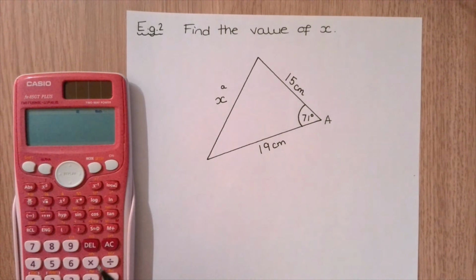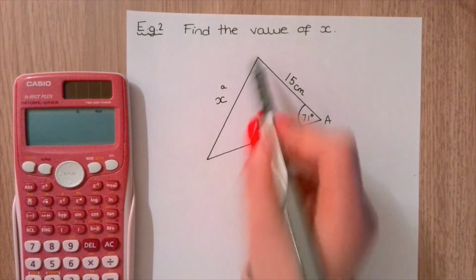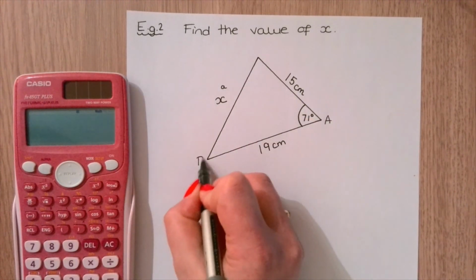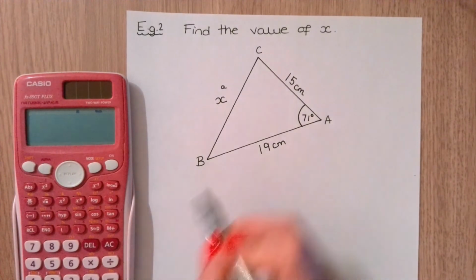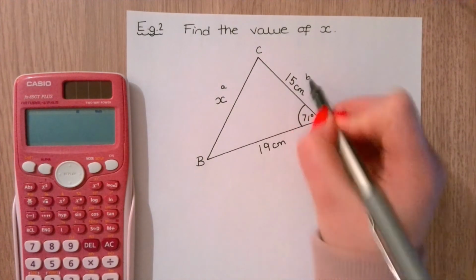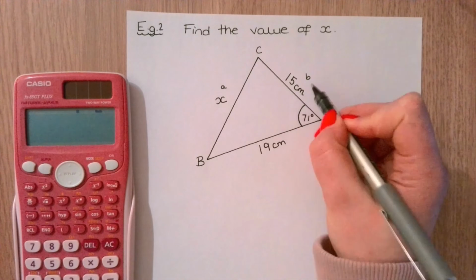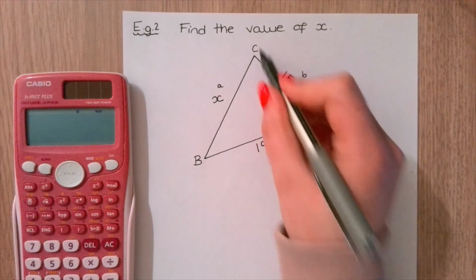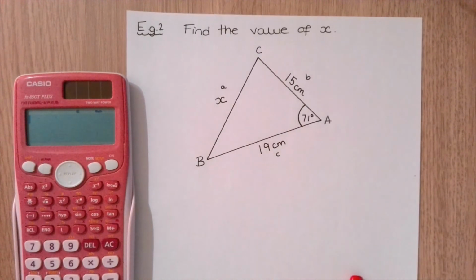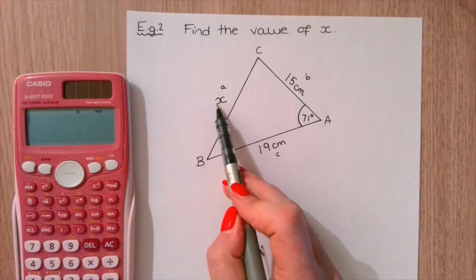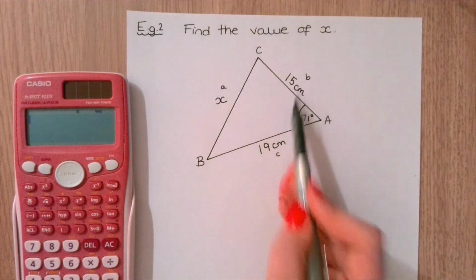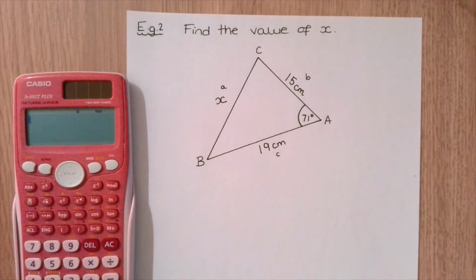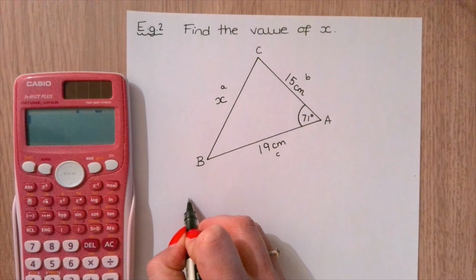I'm not given the angle here or here, so it doesn't matter whether I label them B or C, as long as I label the opposite sides lowercase b and lowercase c. I'm looking for the length opposite an angle where I know the two sides either side of it, and therefore I'm going to use the cosine rule.